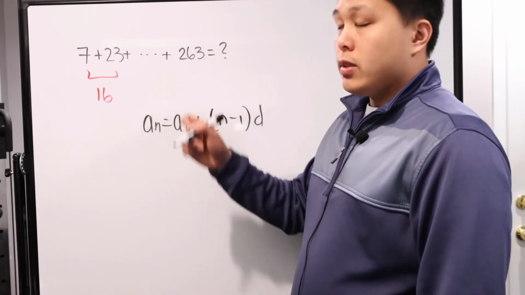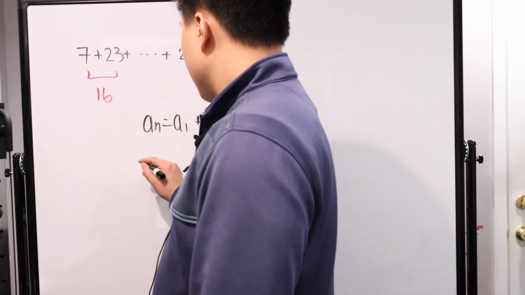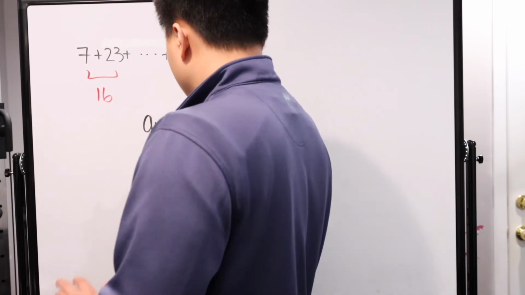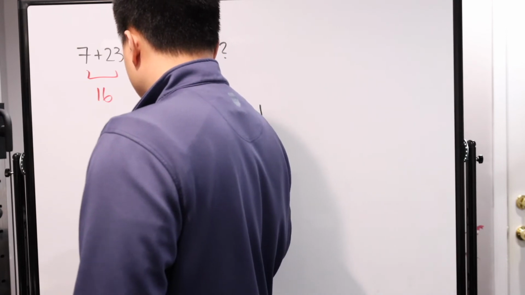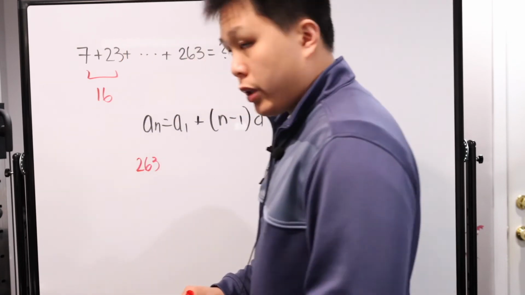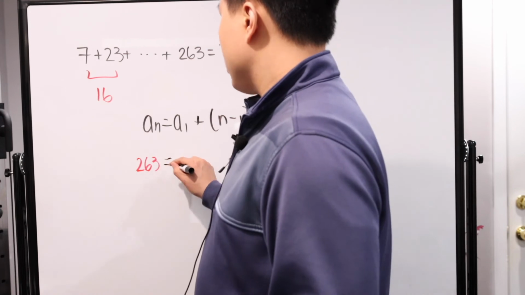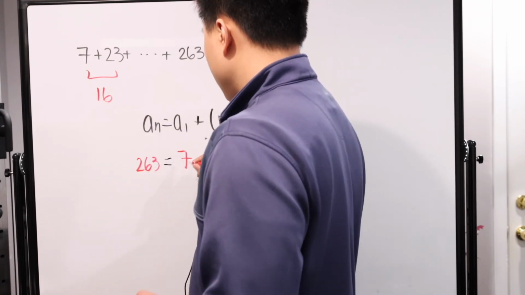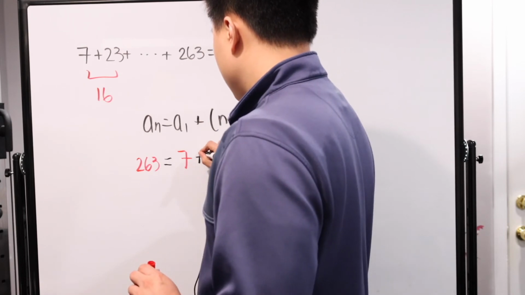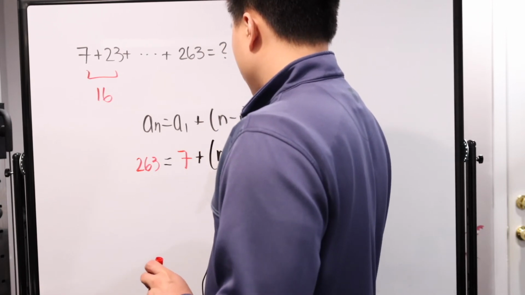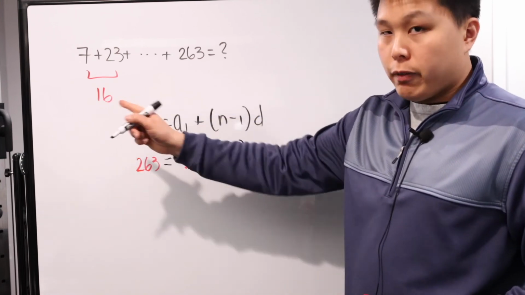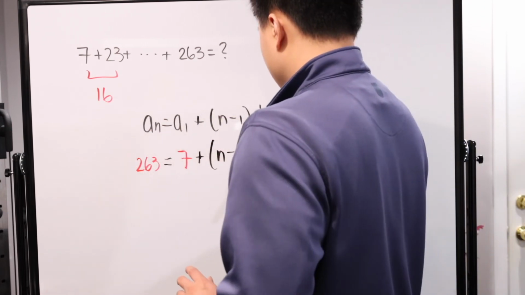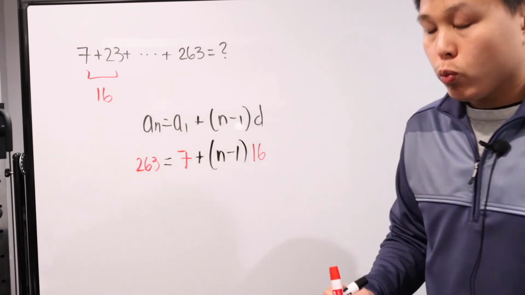So instead of a sub n, now it's going to be 263 equals a sub 1, our first term, 7, plus n minus 1, we don't know what that is, but we know the common difference is going to be 16. Cool. Now we can work with it.